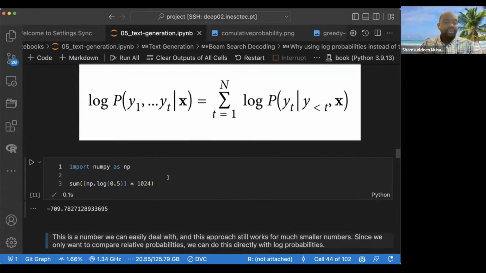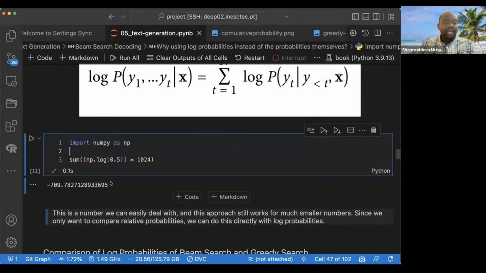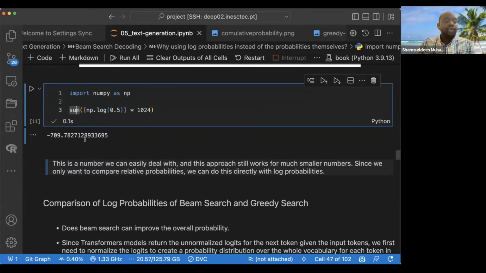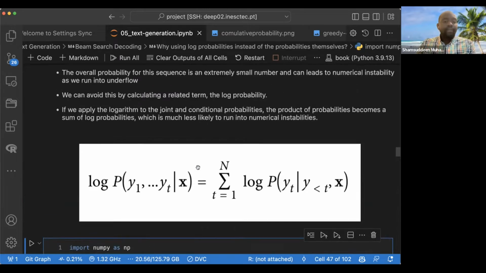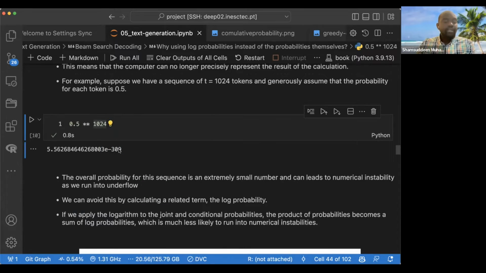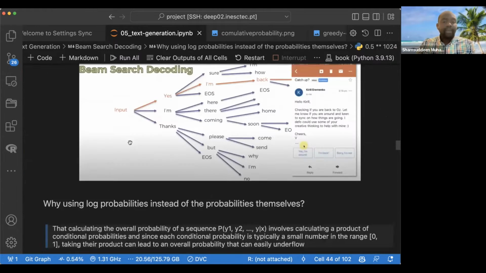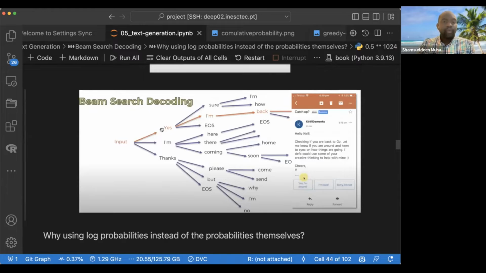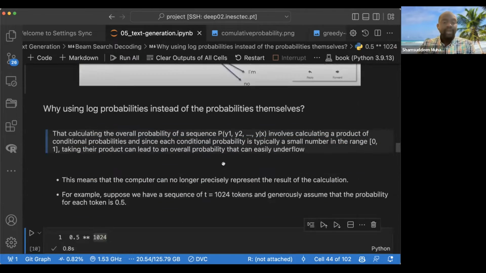This is an example they show in the book: running this by taking the sum, because this is log probability, this is what we have. This is a number we can easily deal with, unlike this very small number. That's why they said here, to find the best path, we take the log probability and sum them along the way.